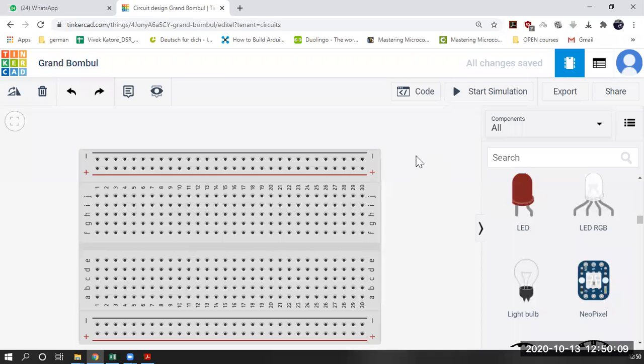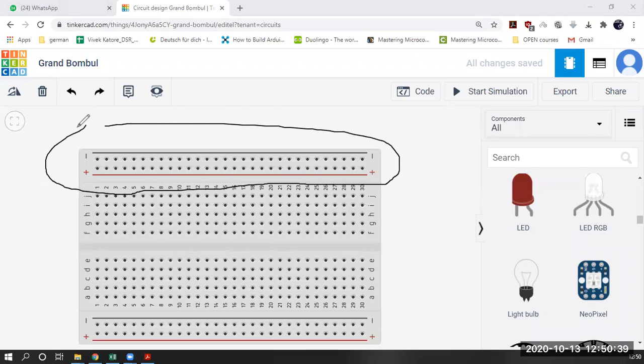So the question is very simple. Where do we connect the battery on the breadboard? Or else you tell me what is the name of this part?